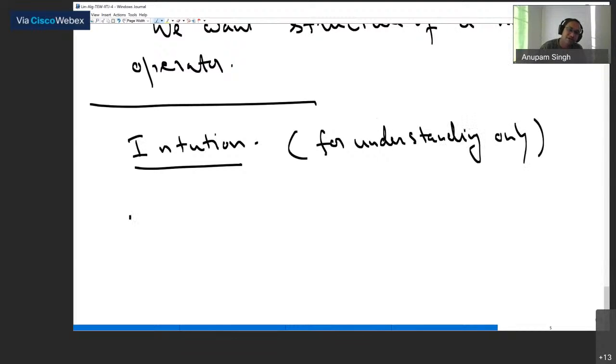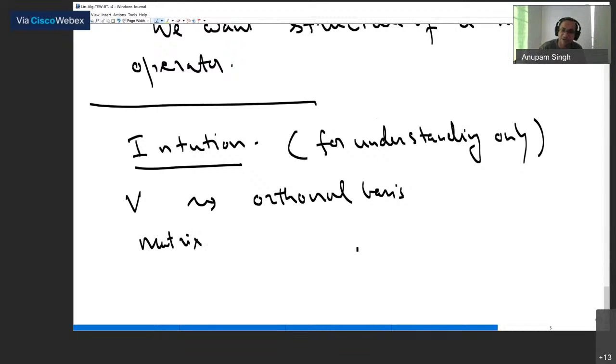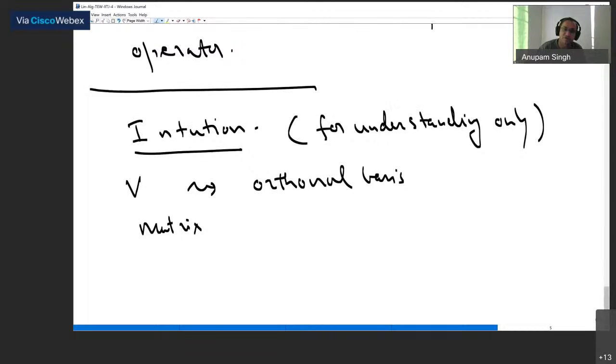Suppose in an inner product space V we have an orthonormal basis. I'm going to think in terms of matrices; that is where my intuition is going to come from. So the matrix of the inner product I can think of as the identity, because I fix an orthonormal basis, then the matrix will be the identity matrix.